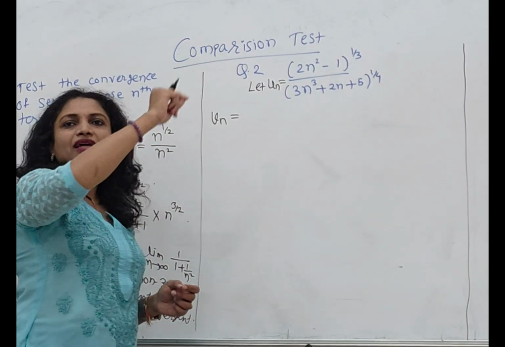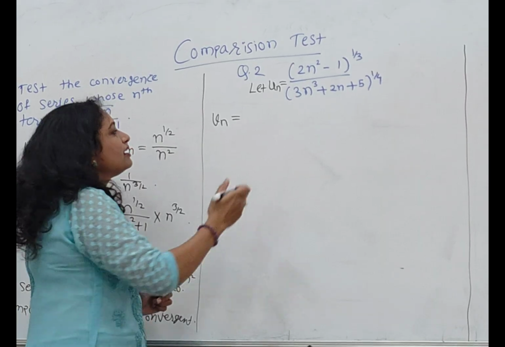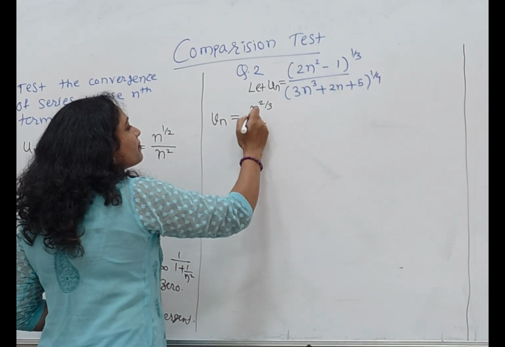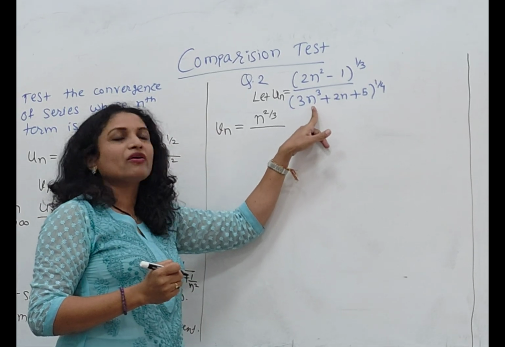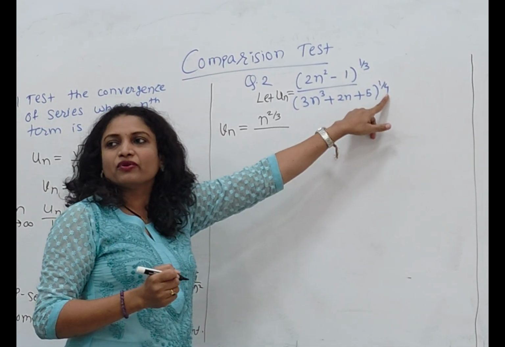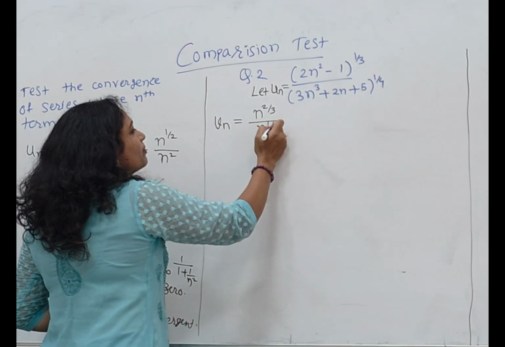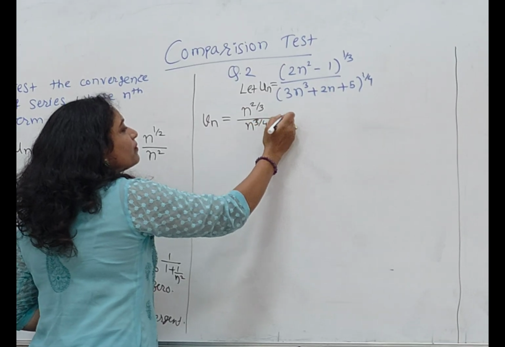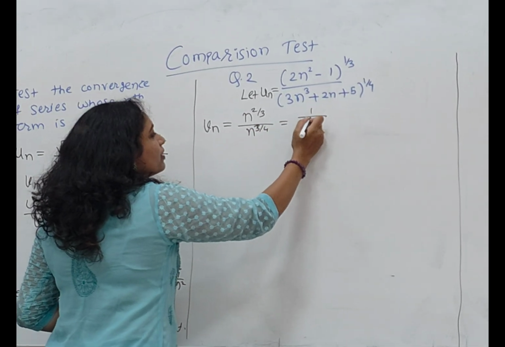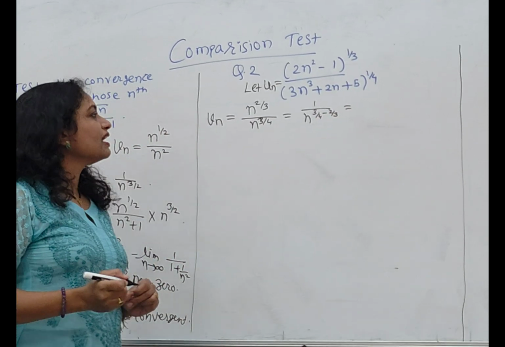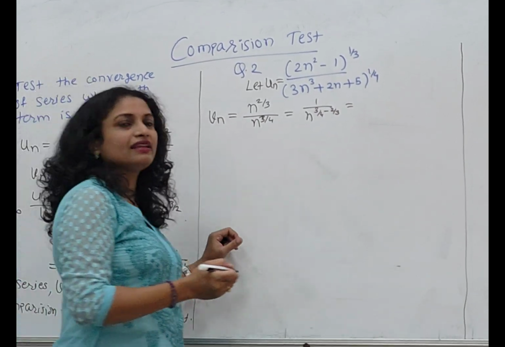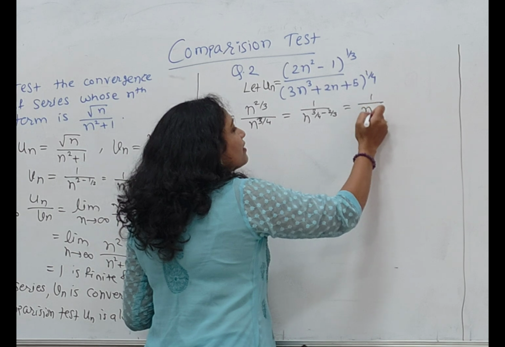So 2 and 1 by 3 combine to give 2 by 3. What is the highest power among them? n cube. What is its power? 1 by 4. So in total it will be 3 by 4. Combine them to convert into P series form: 9 minus 8, so 1 by 12. So it is 1 upon n raised to 1 by 12.